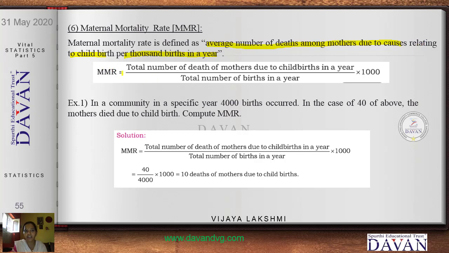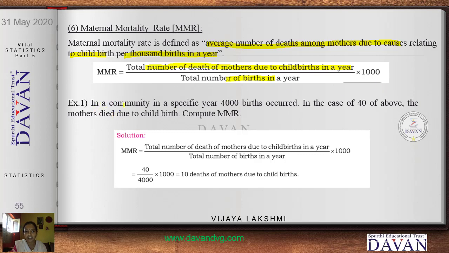So MMR is given with the formula of total number of deaths of mothers due to childbirths in a year divided by the total number of births in a year, into 1000. So we have the count of how many mothers have died divided by the number of births that have happened in a year, into 1000.